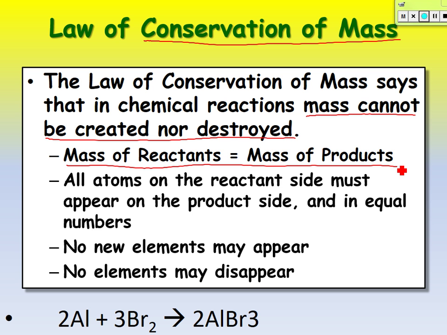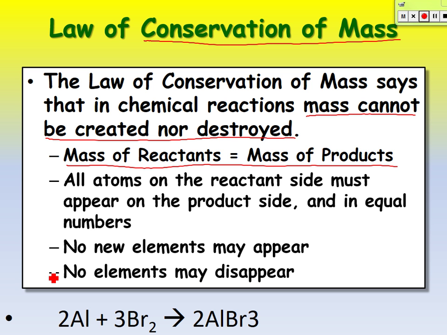All atoms on the reactant side must appear on the product side and in equal numbers. No new elements may appear. So if you don't have it on the reactant side, you can't just throw it on the product side. It has to be on both sides. And no elements may disappear. So if you have it on the left side, it's also got to be on the right side.